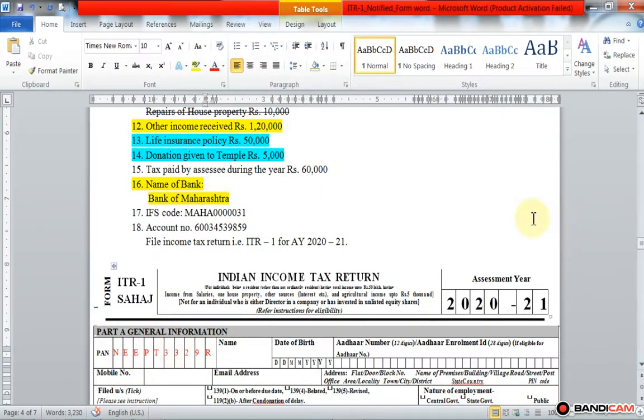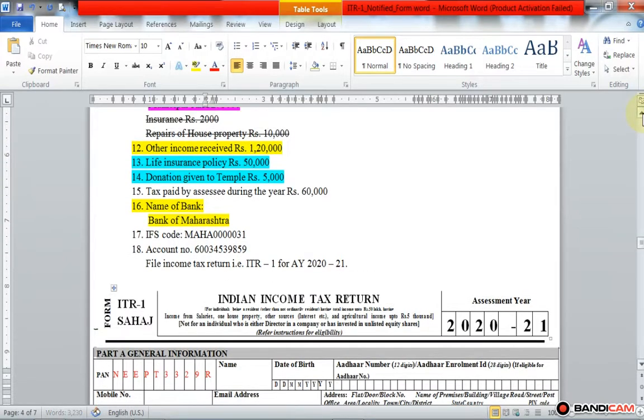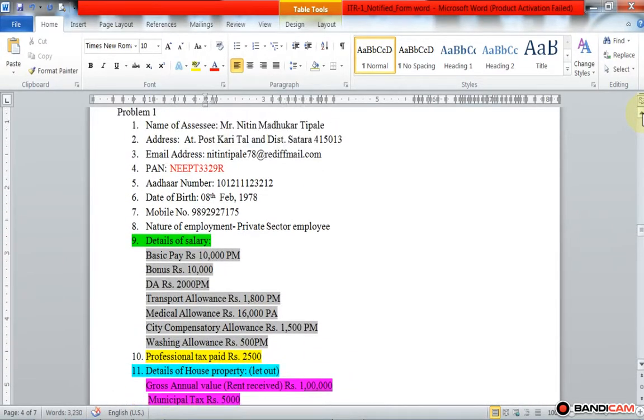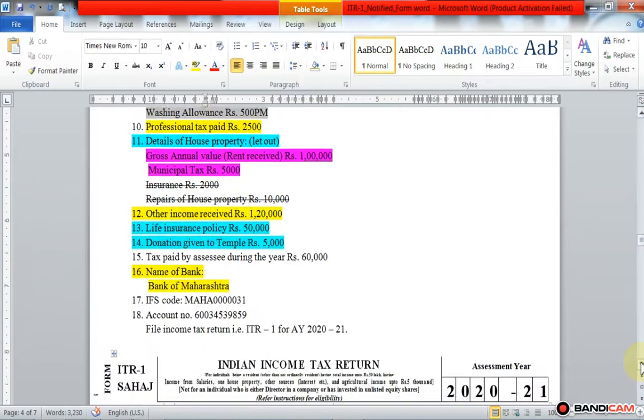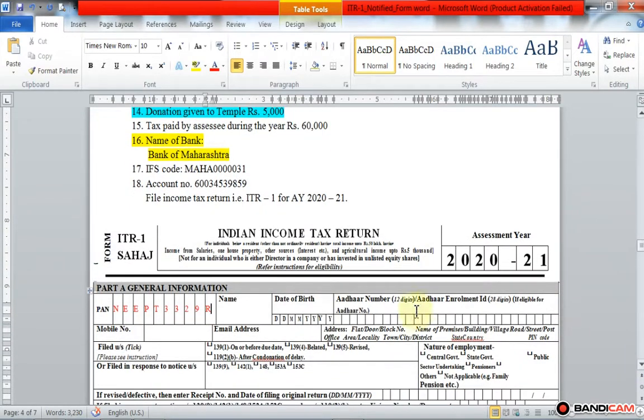The PAN card number given in the problem is NEEPT3329R.